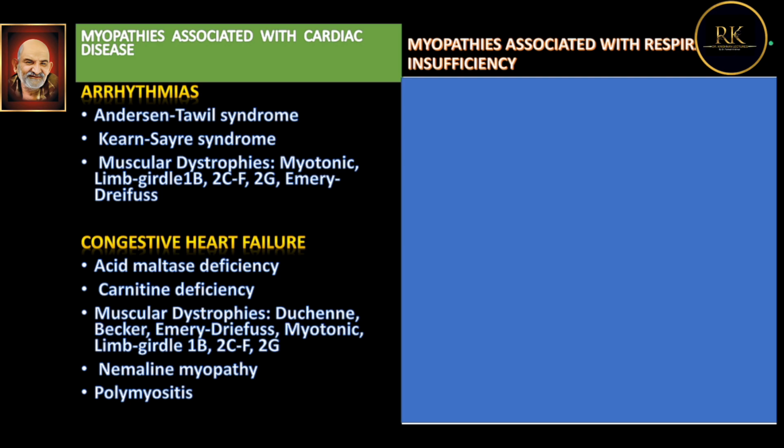If myopathies are associated with congestive heart failure, the causes include acid maltase deficiency, carnitine deficiency, Duchenne, Becker, Emery-Dreifuss, myotonic dystrophy, limb girdle 1B, 2C, 2F and 2G, as well as nemaline myopathies and polymyositis.